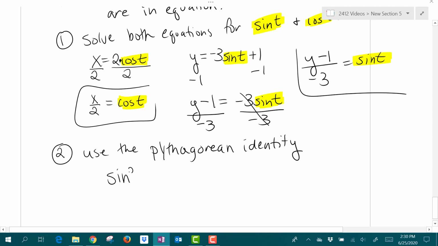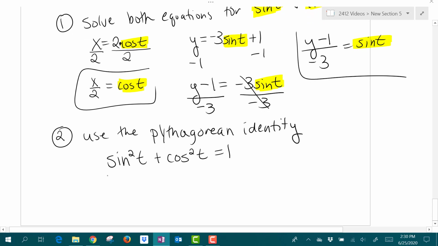So we're going to use sine squared t, t representing the input angle, plus cosine squared t is equal to 1. So this is that Pythagorean identity that we've discussed in the past.